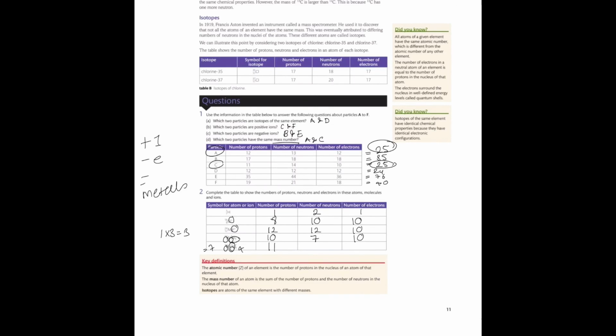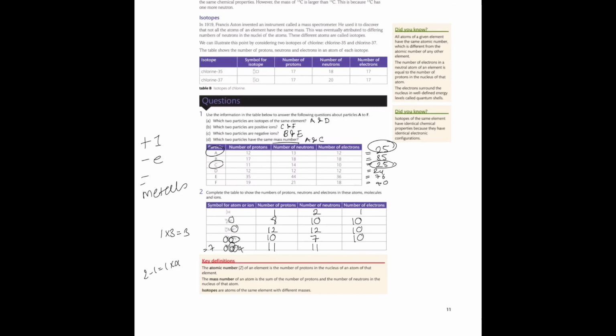Normally hydrogens don't contain neutrons, but this is an isotope, so the number of neutrons would differ, and we'd do top minus bottom, which gives us 2 minus 1, which is 1. And once again, we've got 4 lots of hydrogen, so we times it by 4.